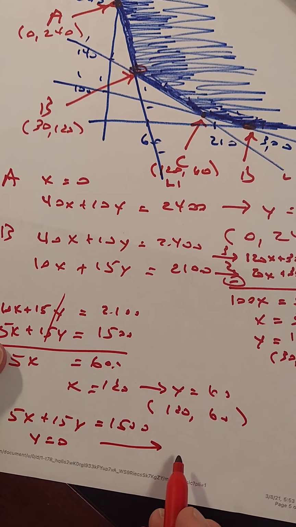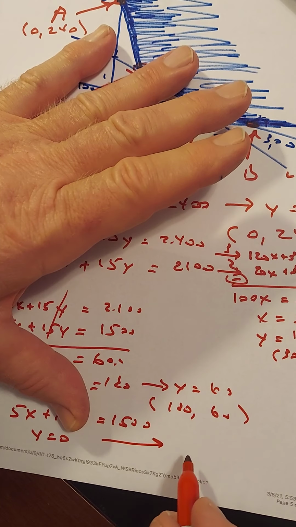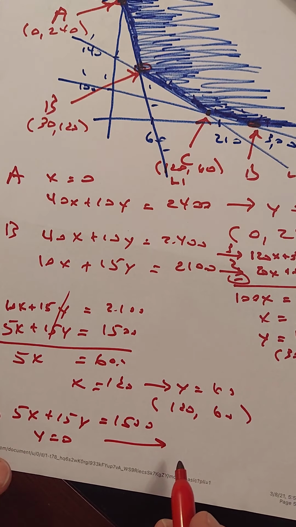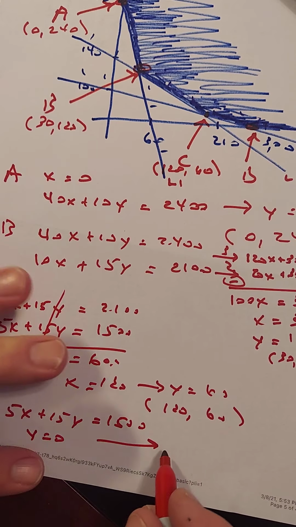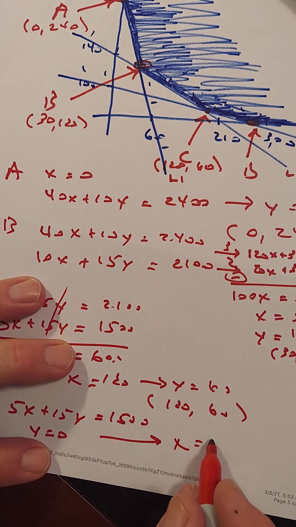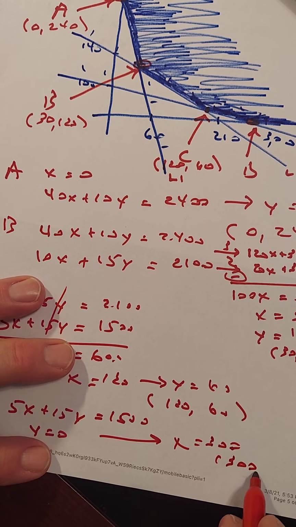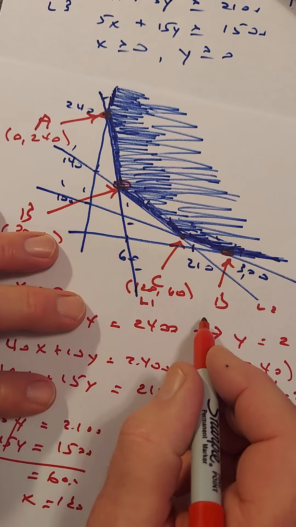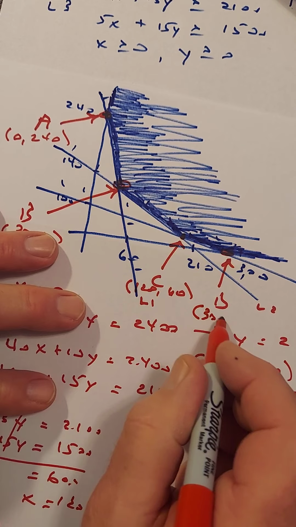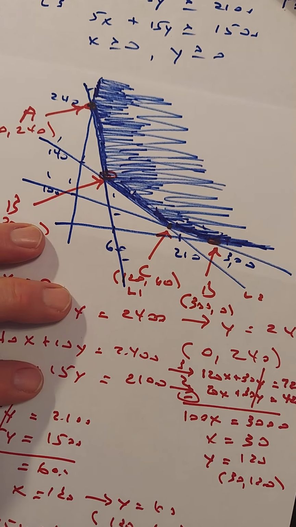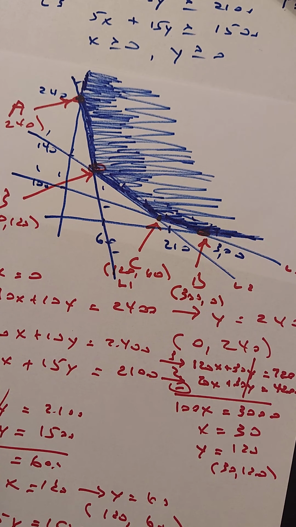So if y is 0, then x is going to be 300. So D is going to be at 300, 0. Which again, we kind of knew that because that was our intercept. Okay.